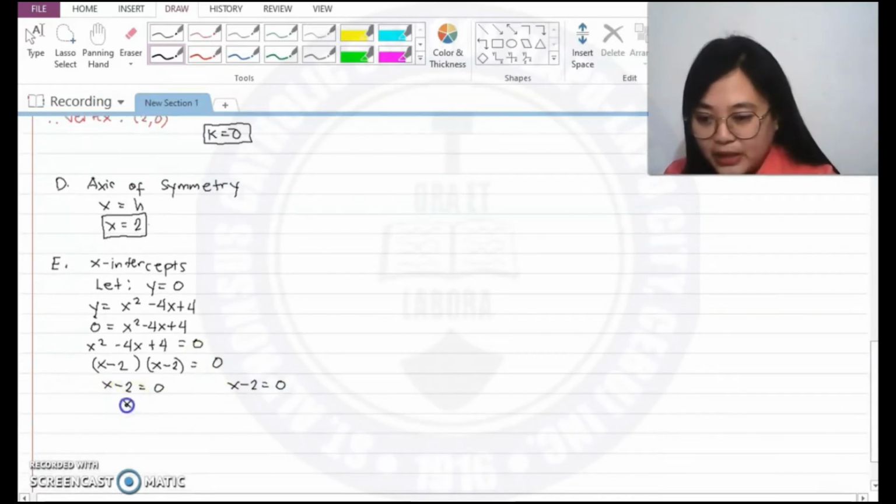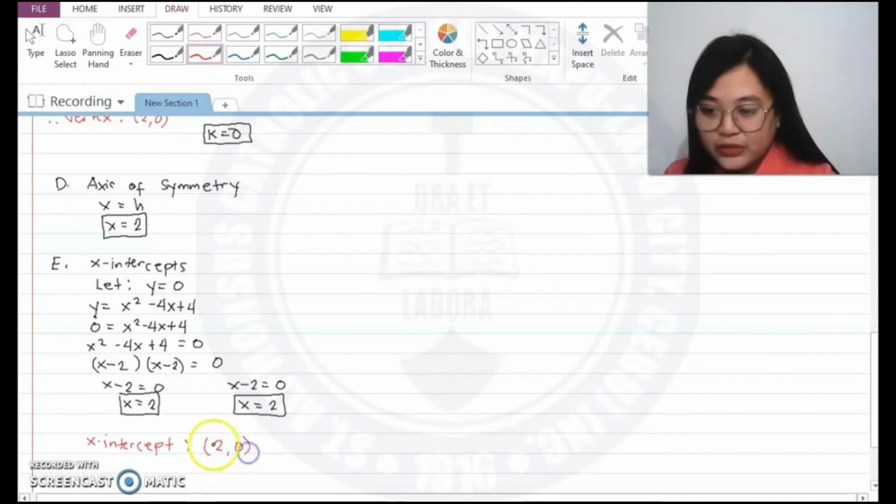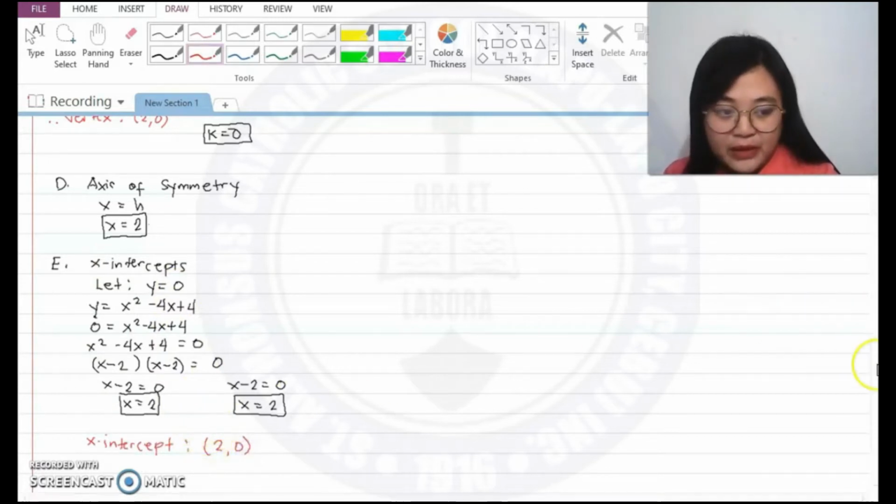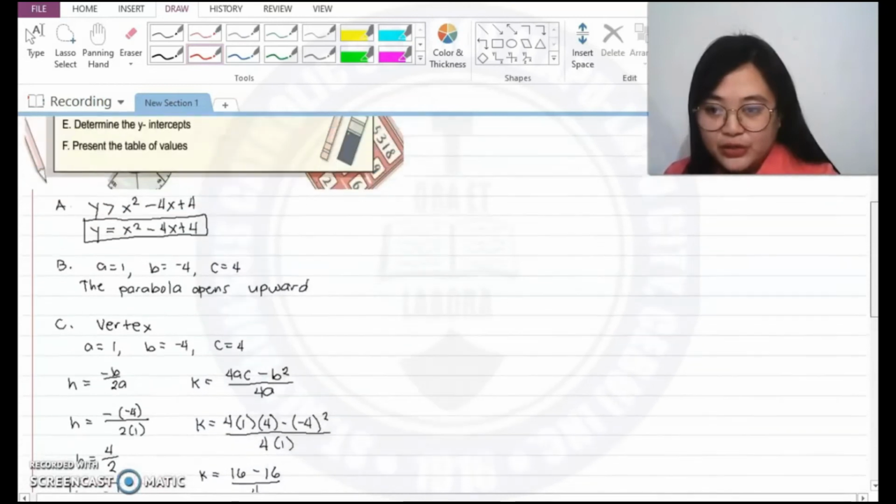Then it will become x equals 2, x equals 2. So they have the same answer. Therefore, the x-intercept here is 2, 0.